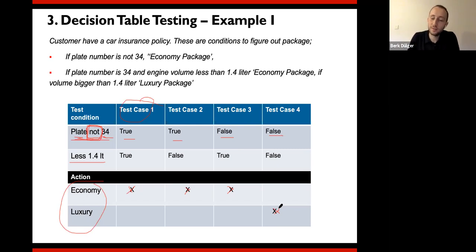But there is also a sub-technique, table collapsing. If you collapse the decision table, you need to run just one test case for each action. For a collapsed test design table, it is okay to run just one test scenario for economy and one for luxury.